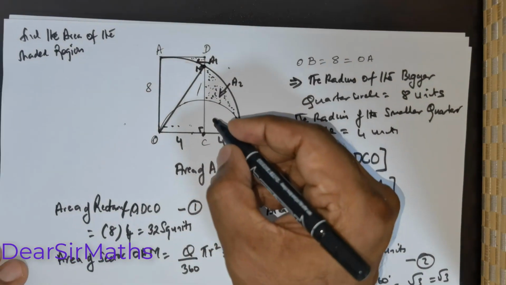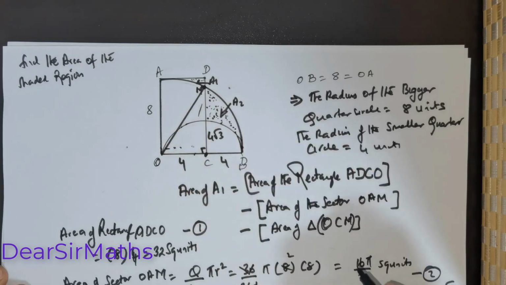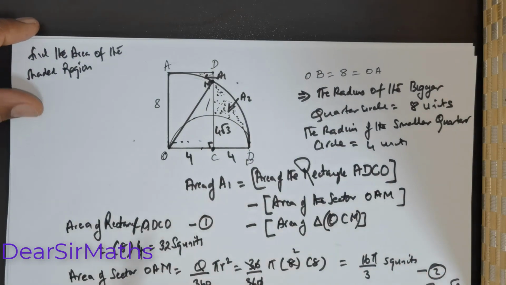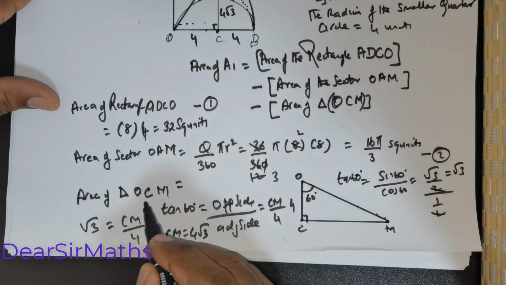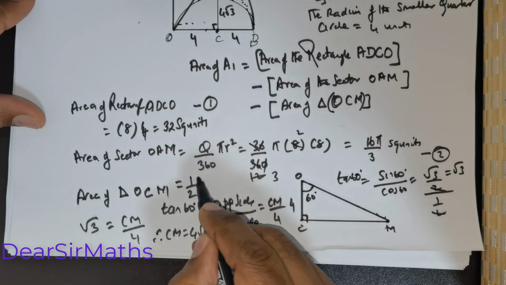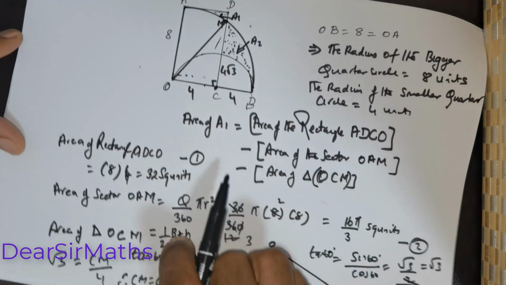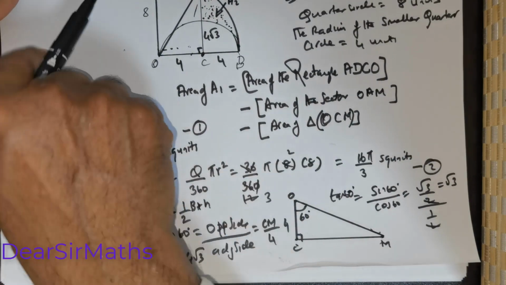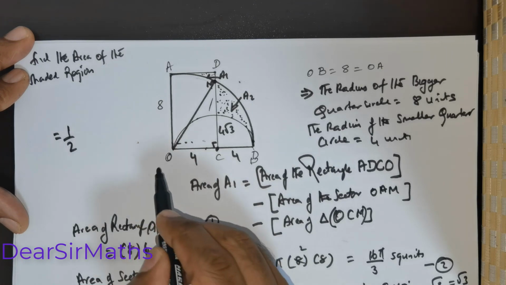So go over here and place CM as 4 times root of 3. So we are looking for area of the triangle, right? That is nothing but half times base into height. So this is equal to half times my base.